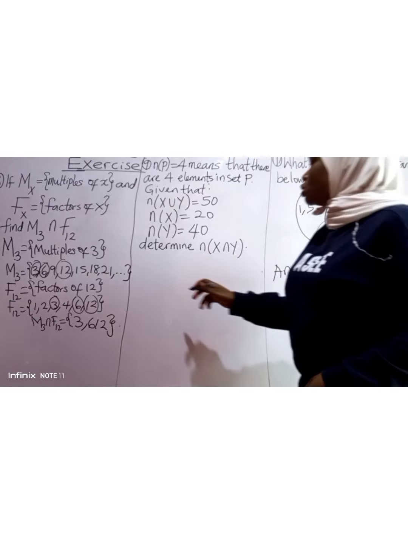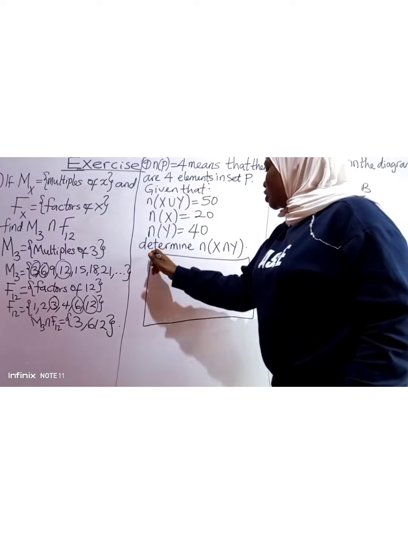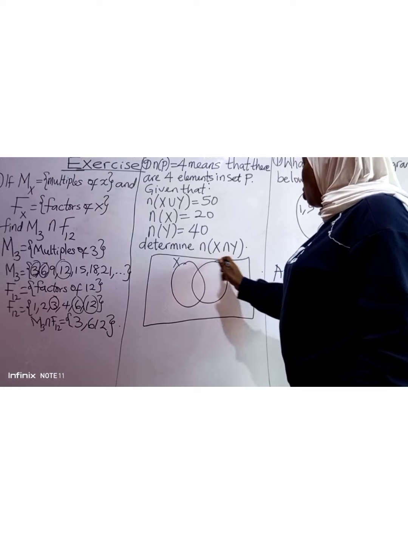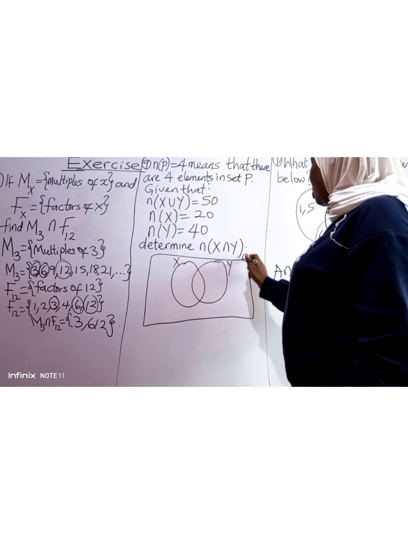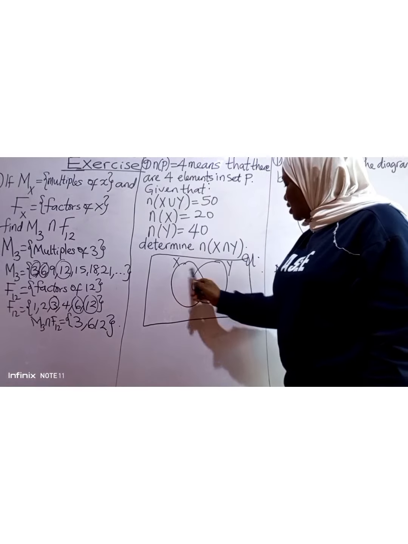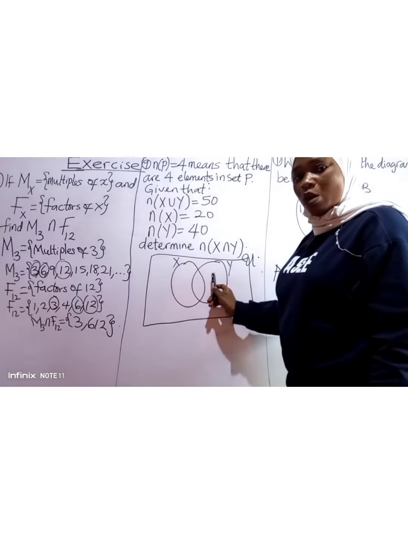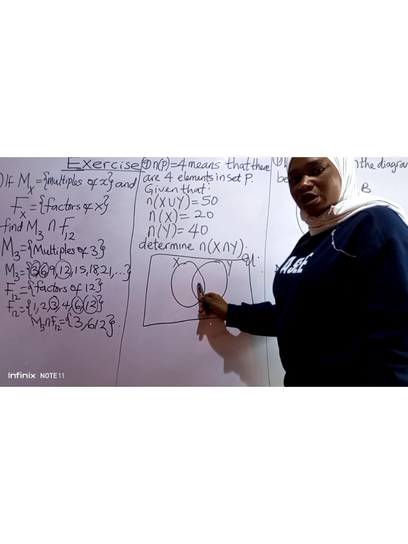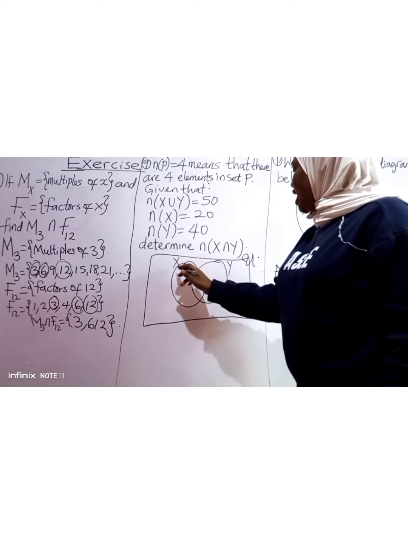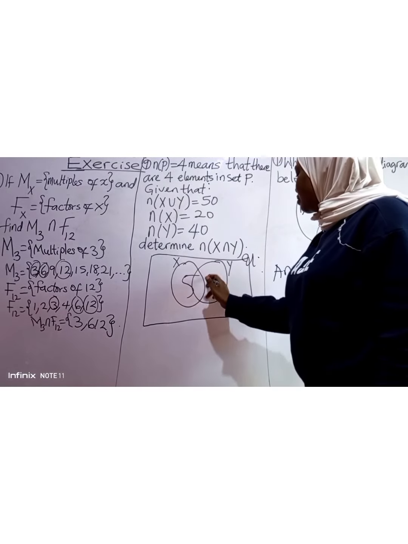So here we can use a Venn diagram to represent it, to explain it. So we have X and we have Y here. So here is the universal set. Now, here X and Y, elements that are present in X or Y or both, will be their union. So we can see that the number of every element here is 50.